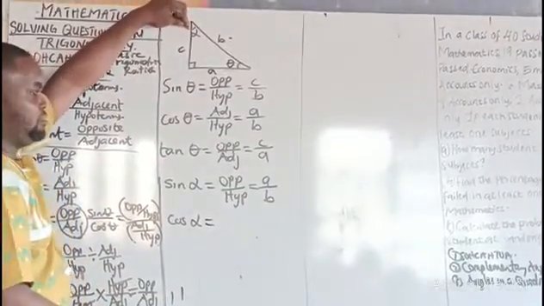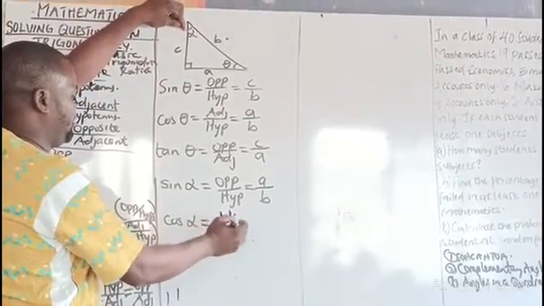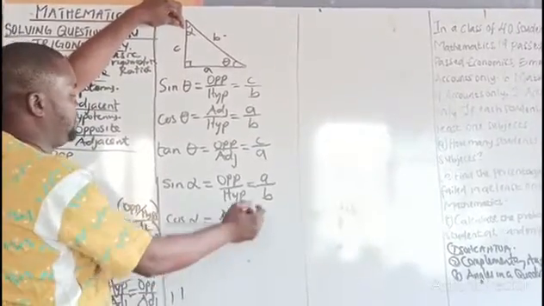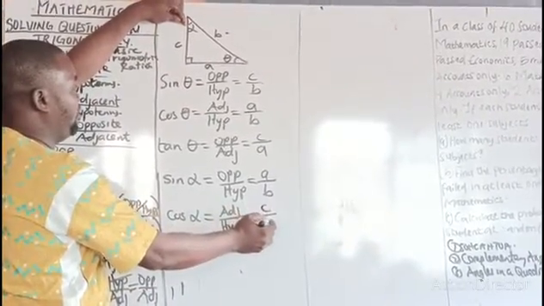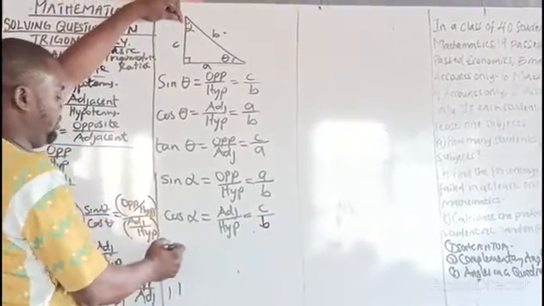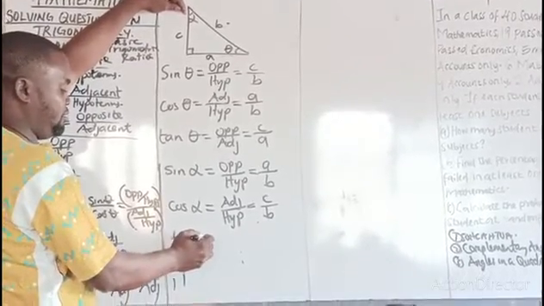The next one, cos alpha. Adjacent over hypotenuse. What is adjacent? C over B. Now, then we have tan alpha.